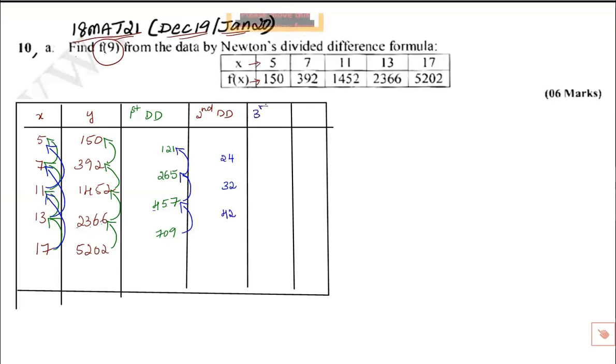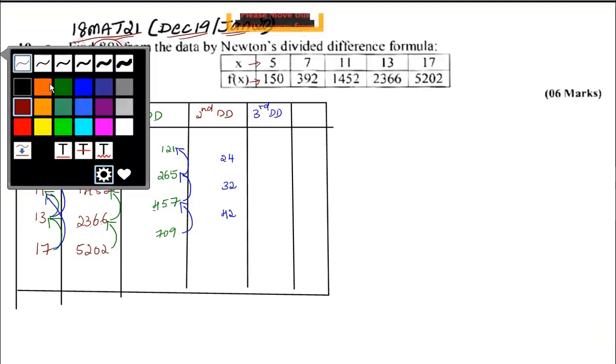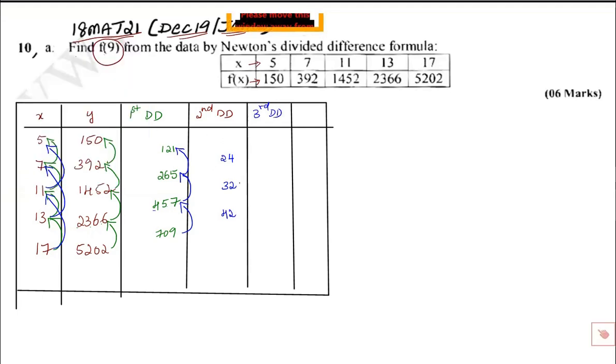Next, third divided difference. 32 minus 24 divided by, sorry, it is not 11, 13 minus 5.